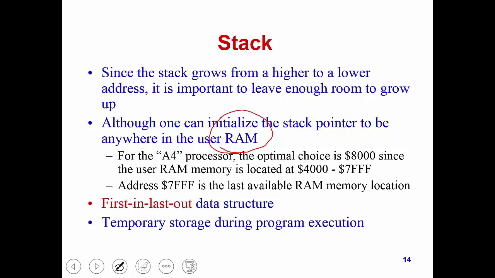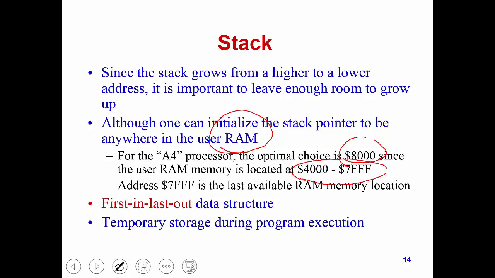Now for the 68HC12 A4 processor, the optimal choice for the initial stack pointer is 800. Why is it 800? Because the RAM portion for the 68HC12 A4 is in this range, from 4000 to 7FFF.